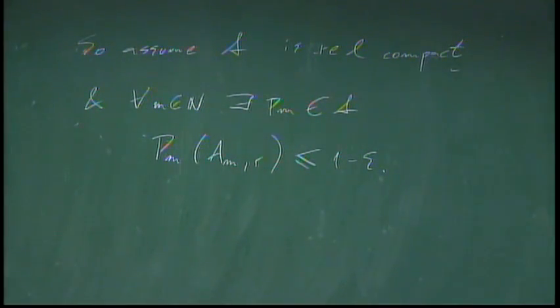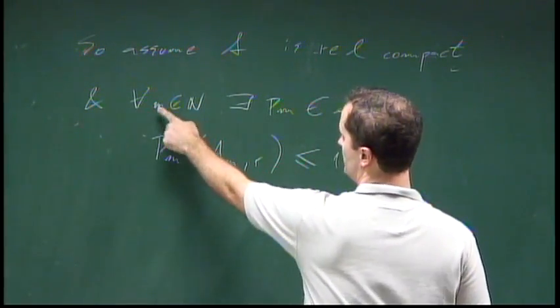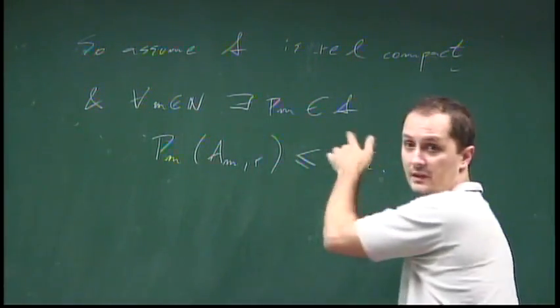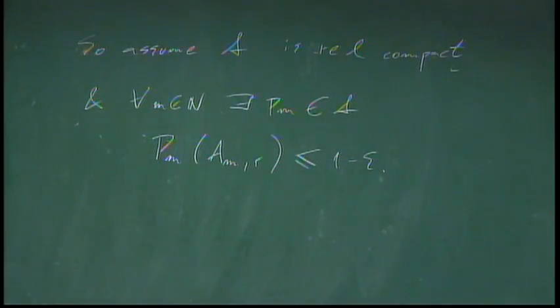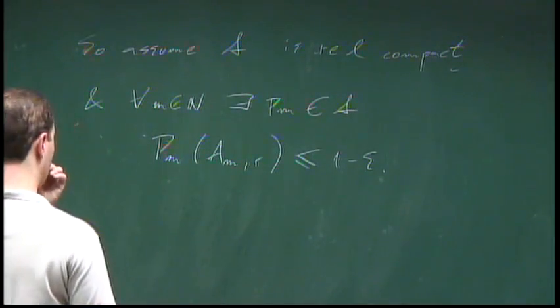Right? So I want to say that if S is relatively compact, there always exists an m such that for all measures you get the assumption of the lemma. So assume that this holds, and we're going to get a contradiction.